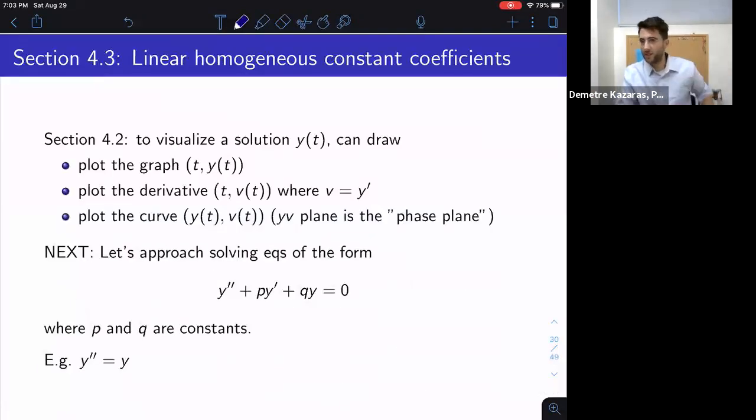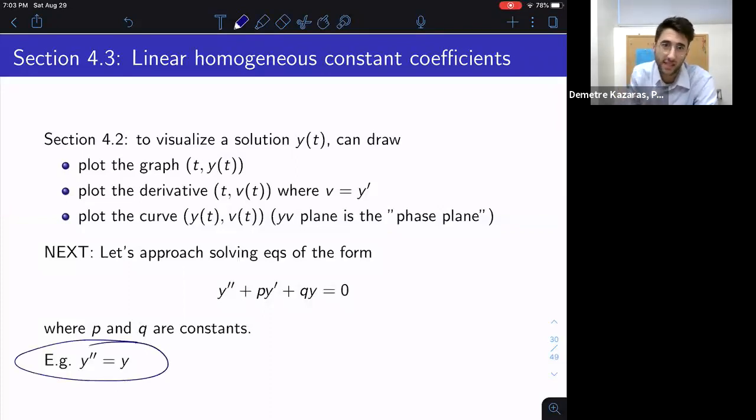Here's a very simple example. Let's think of a function so that when you take two derivatives of it, you get the function back itself. Here P is 0 and Q is -1.